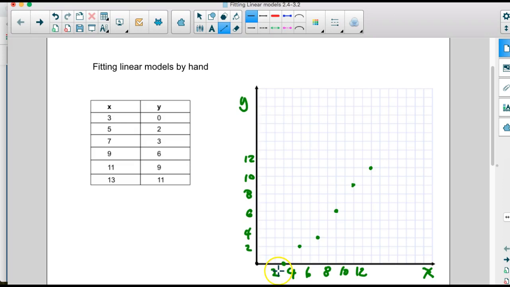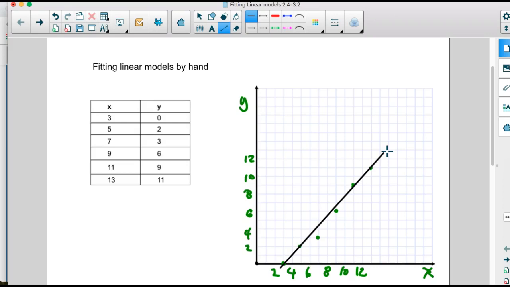Let's say we think the best fitting line may go through these values here. Okay, so we have that data set right there.